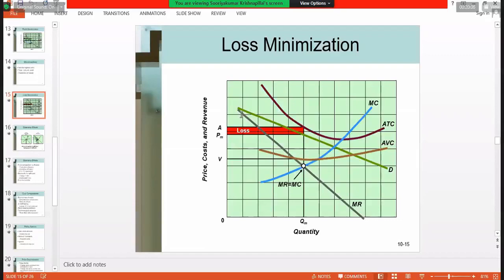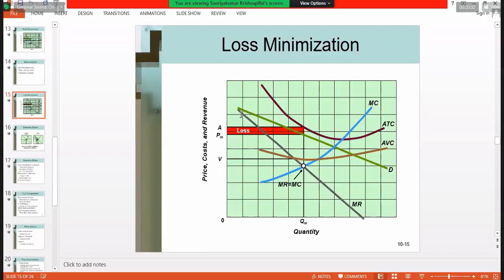But now the demand curve is between average variable cost and average total cost. So the price is above the minimum average variable cost. So in the short run, even with a loss he will produce, because he recovers all the variable cost and part of the fixed cost.